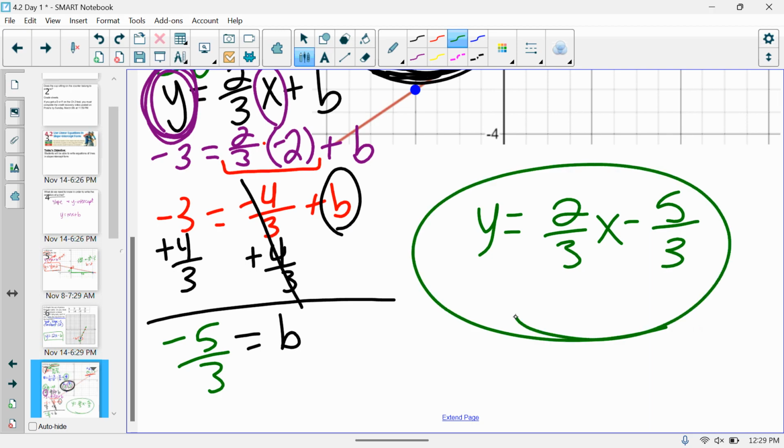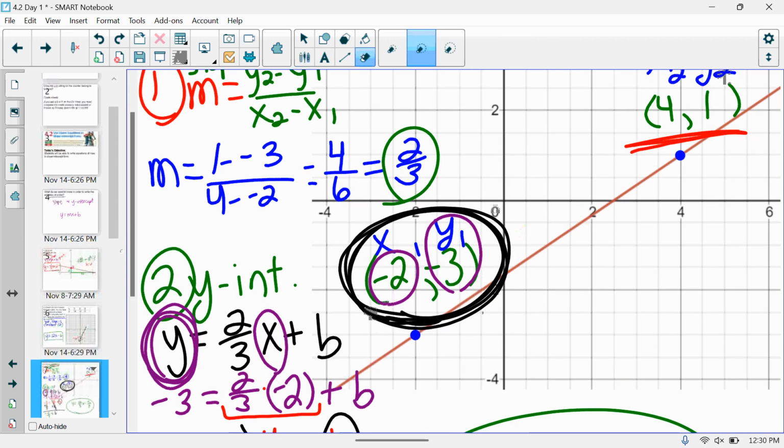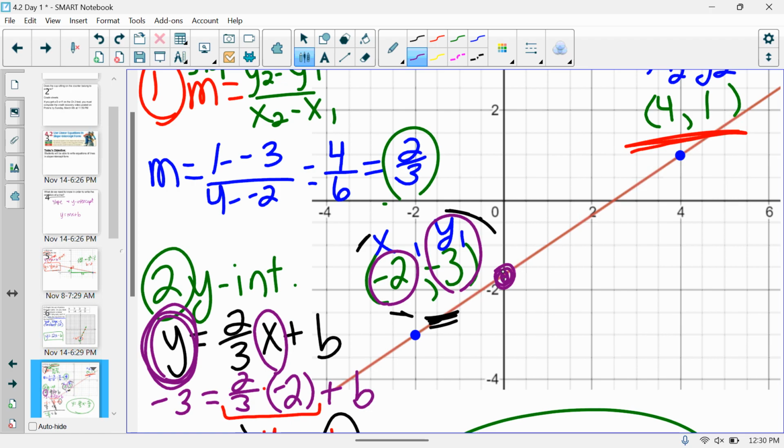Guys, I want you to go and punch this in your calculator like -5 divided by 3 and tell me what it looks like. What did you see, Kale? -1.6 repeating, right? So remember back in the beginning when I asked you guys to guess where it crossed the y-axis and you guessed -1.6?